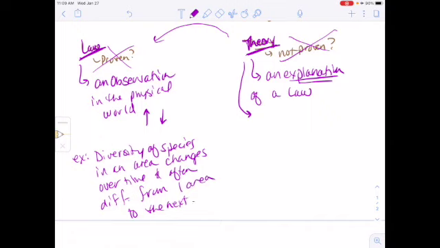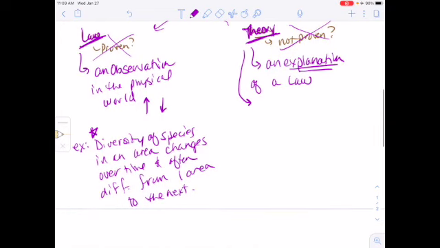That is just an observation. Hey, I noticed that these plants grow on this island, but they don't grow on another island, and there's different stuff living there. Darwin made that observation. So the law there would be that the diversity of species changes over time.